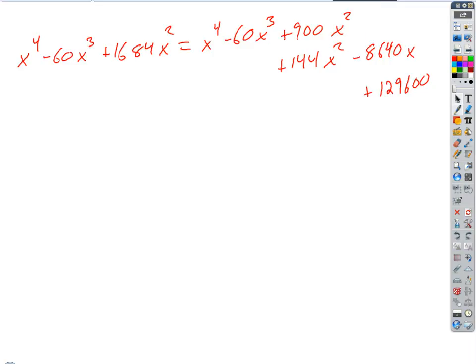Okay, so then what's all that nonsense become? So let's collect like terms. On the left side, we get x to the fourth minus 60x cubed plus 1684x squared.